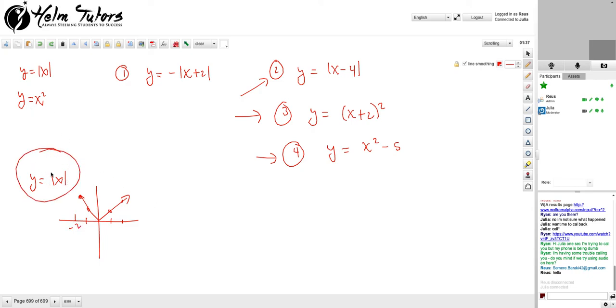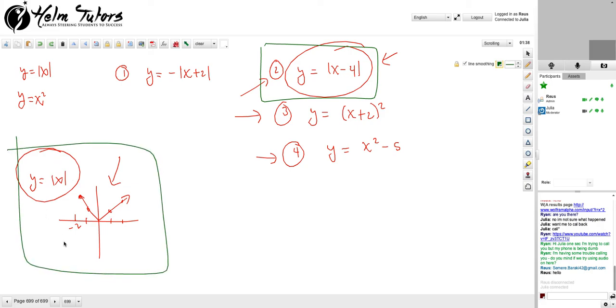Okay, yeah. So starting with absolute value of x, what did I do to get y equals that in 2? Transformationally, what happened to get this? So starting with this, and I will box it in green, this here, what's happened to it from the V of the absolute value of x only?